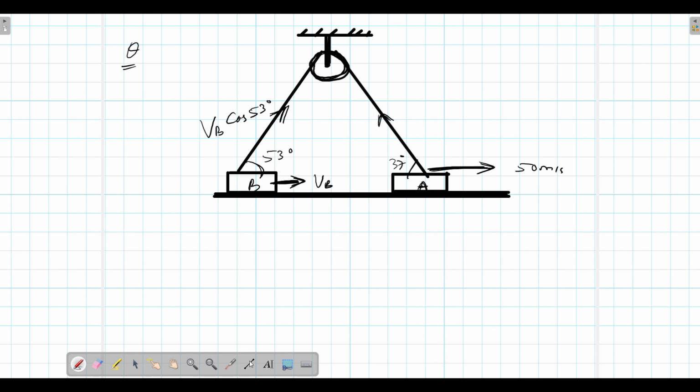Va cos 37. If this is 37, this is also 37. This is VA cos 37.